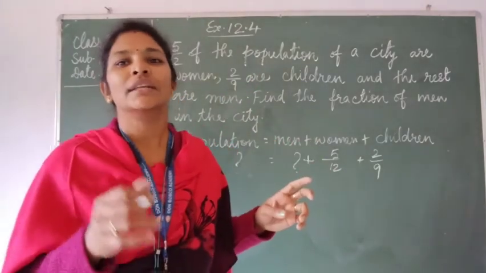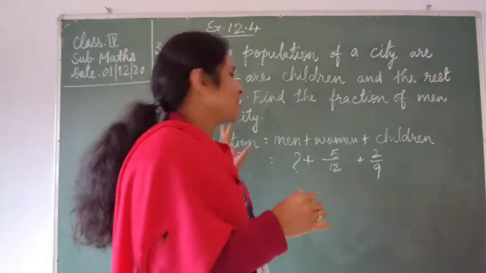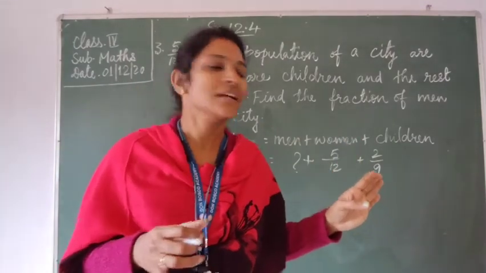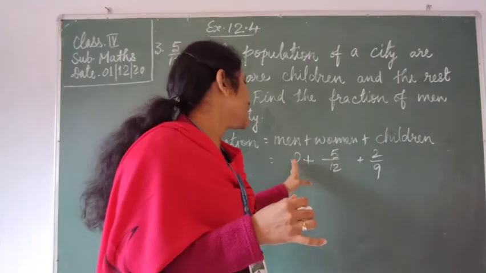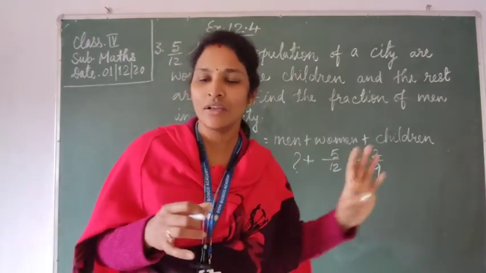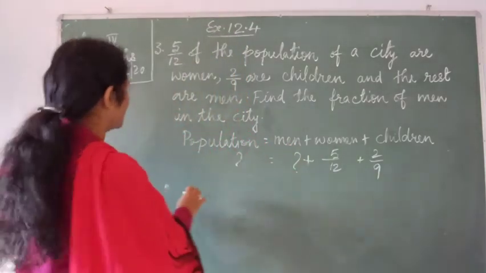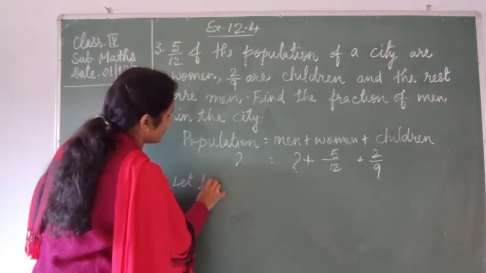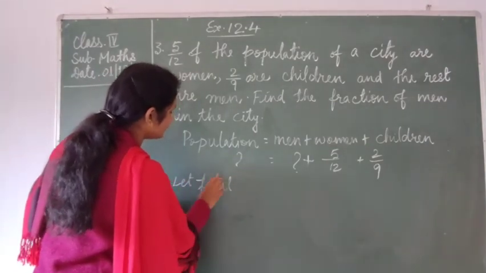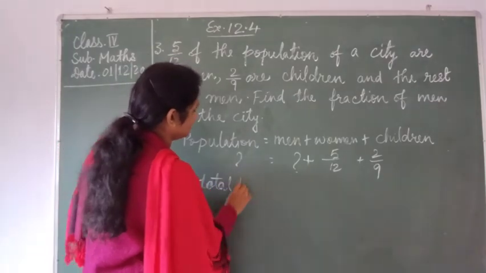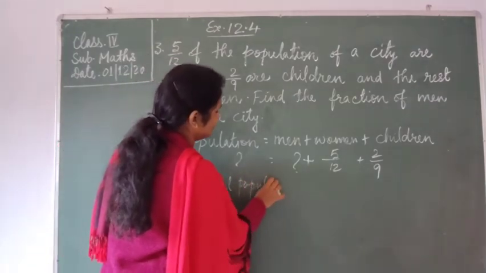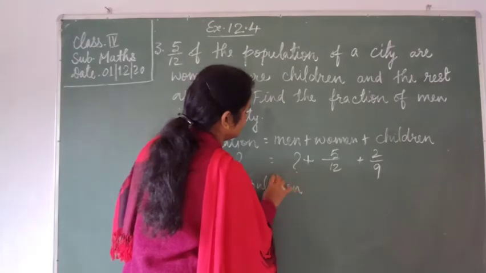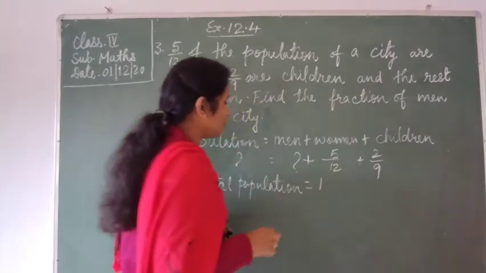Let the total population be 1. That 1 we get when we add the population of men, women and children. Then let total population equal 1.